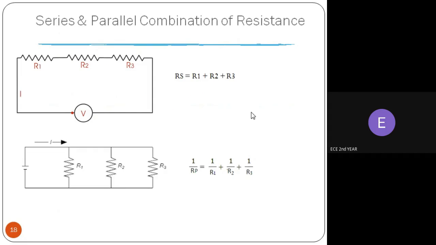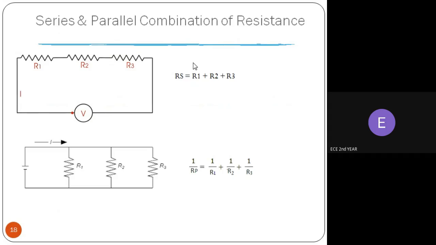Series and parallel combinations of elements. First, series combination of resistances. Here R1, R2 and R3 are three resistances connected in series. The total resistance of this circuit is calculated with the formula Rs equal to R1 plus R2 plus R3, the summation of individual resistances.